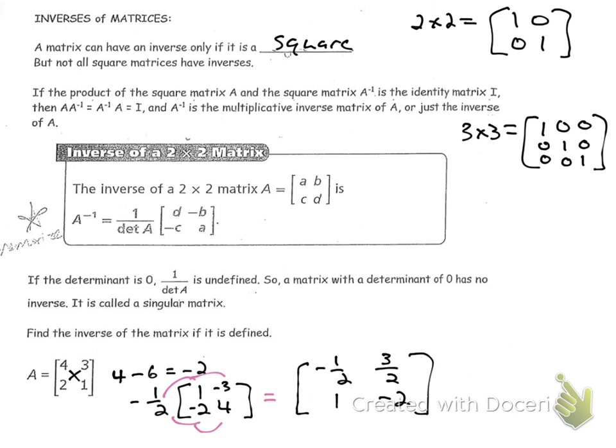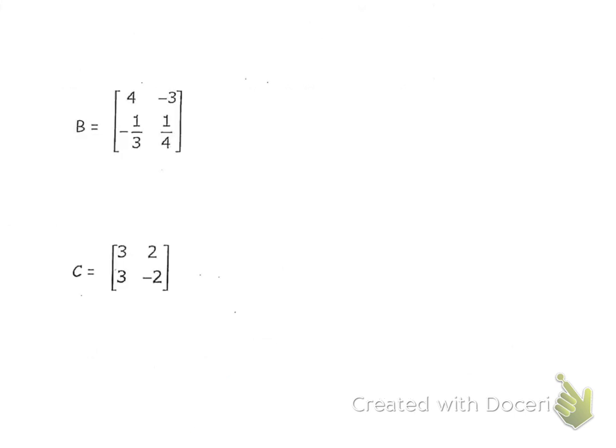So that is what you would do to identify if matrices are inverses or not. You could multiply them, and if they give you an identity matrix, they would be inverses. Yes, AJ. So if you look at B, first step is to find the determinant, right? 4 times 1/4 is 1 minus -3 times -1/3 is 1.